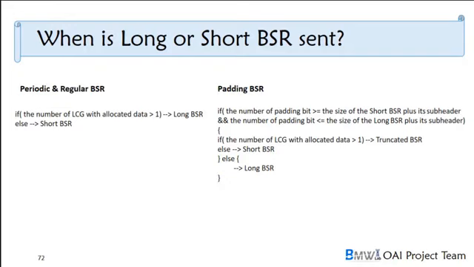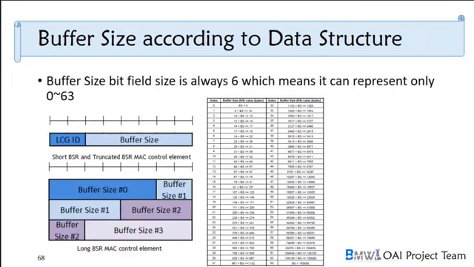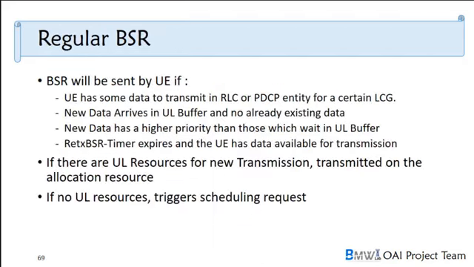But if it is less than 1, it means a short BSR. So you can see here, if the logical channel group count is more than 1, it is for the long BSR. But if less, you can see one logical channel group here, which means you transmit a short BSR.